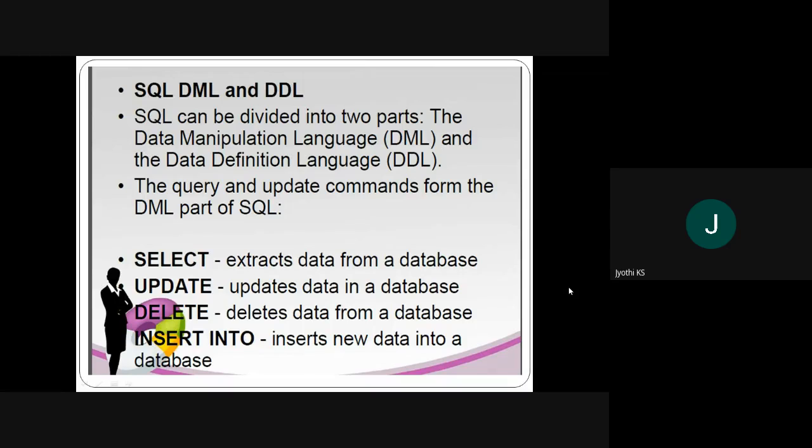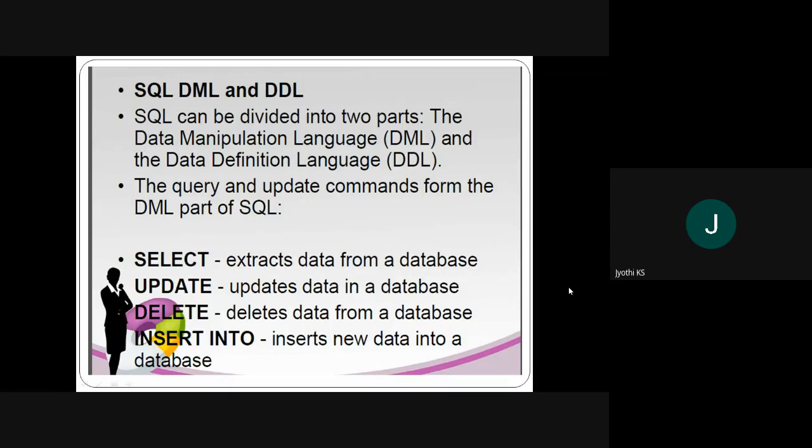Data definition language allows us to change the schema of the database, whereas data manipulation language allows us to manipulate or update the database in all the ways. It provides queries to manipulate the database.